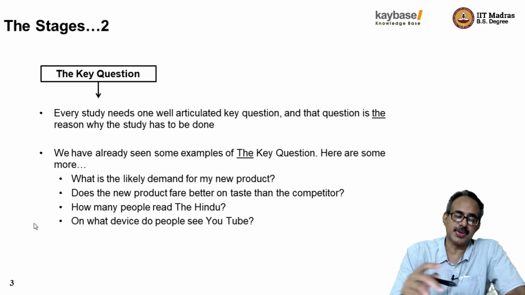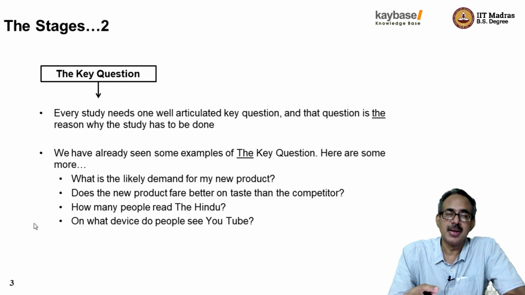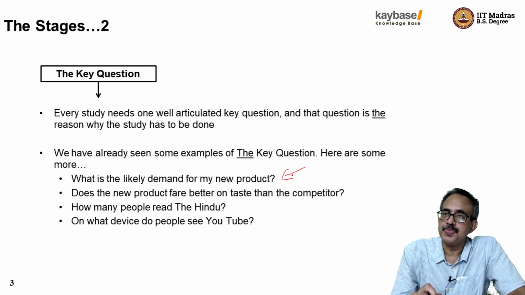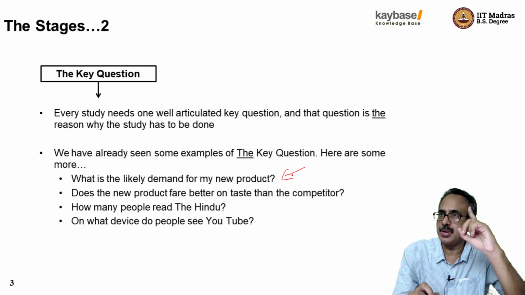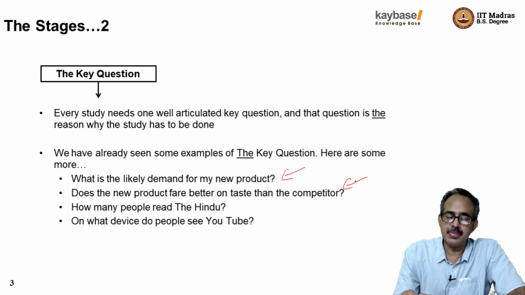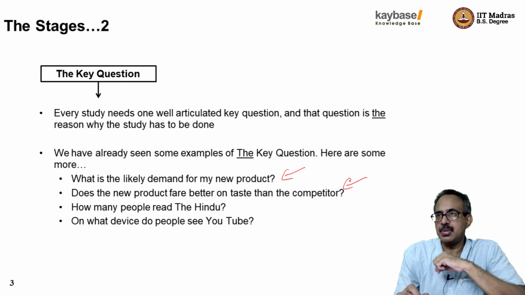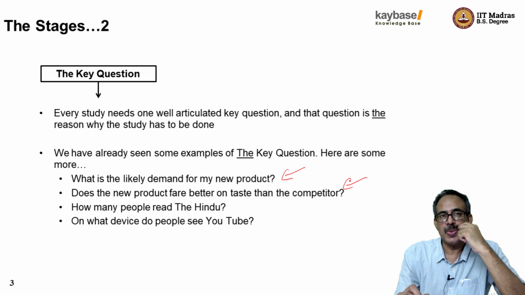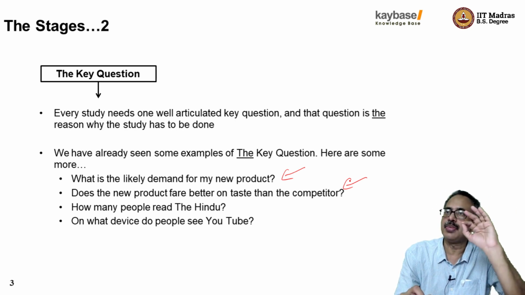So here are some examples of that one key question. I have got a new product that I plan to bring in the market. What will be the likely demand for this product? This is one example of a well-articulated question, right? I have launched a new, say, biscuit in the market, right? Does my new biscuit taste better from children's point of view compared to the competitor biscuit?